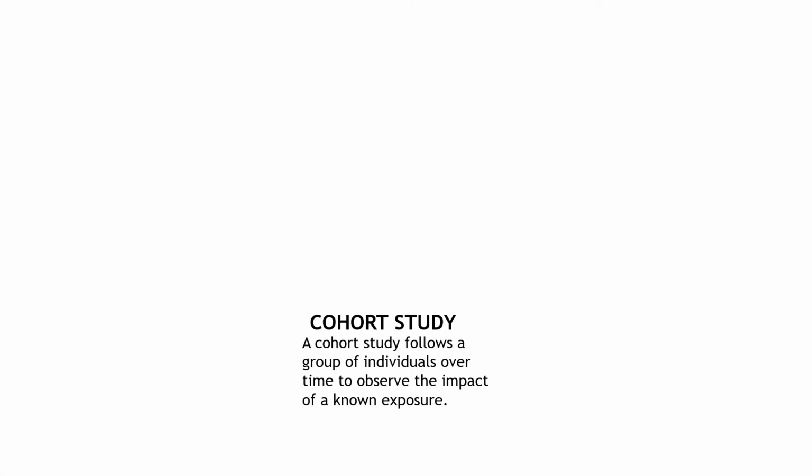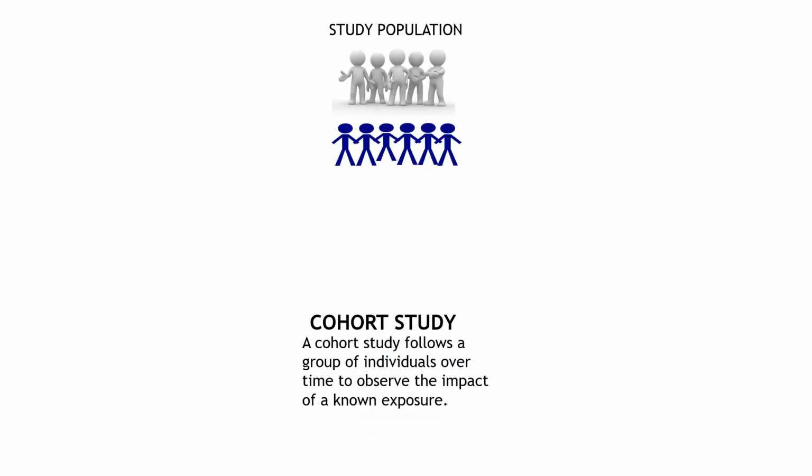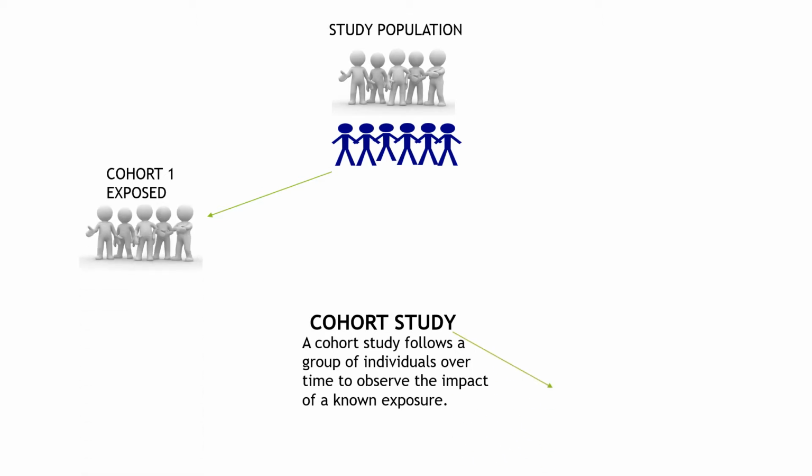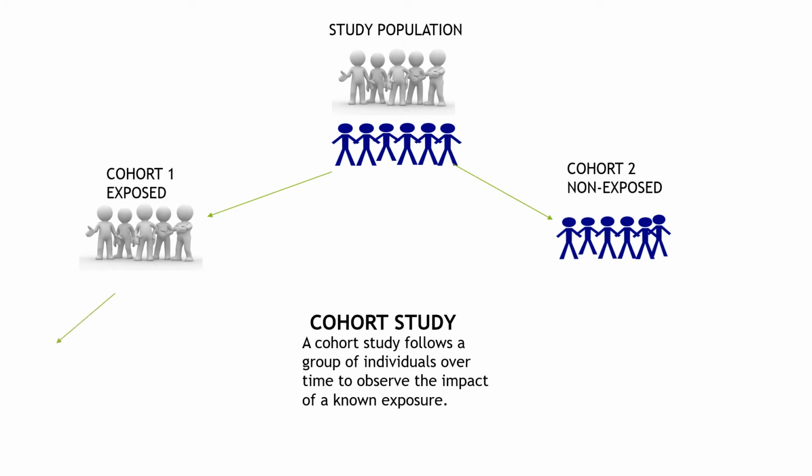Now coming to a very important study. This study design is called cohort study. It follows a group of individuals over time to observe the impact of a known exposure. Supposing this is the study population, then there is one cohort that is exposed, and then there's another cohort that is non-exposed.